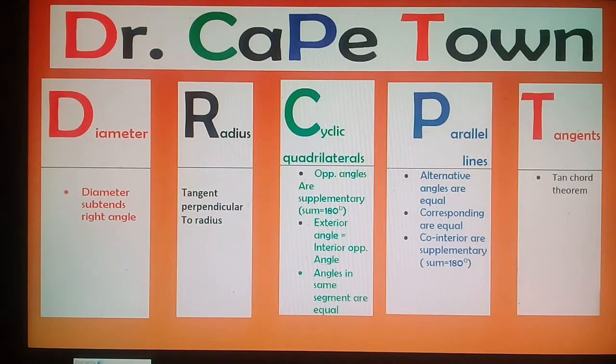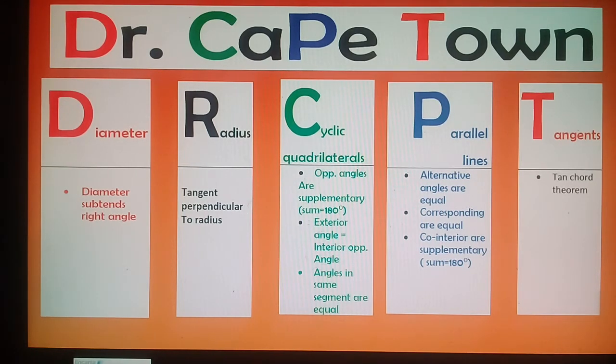T stands for tangent. Whenever you see a Euclidean geometry problem, we have to look for what? Tangent, and remind ourselves of the tan-chord theorem. Basically in Euclidean geometry, specifically for circles in grade 11, we have to use this thing of Dr. Cape Town that will help us.